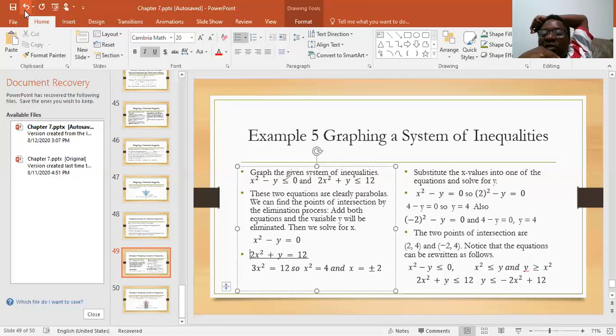Notice that the inequalities can be rewritten as follows. x squared minus y is less than or equal to 0 means x squared is less than or equal to y. 2x squared plus y is less than or equal to 12 means y is less than or equal to minus 2x squared plus 12.